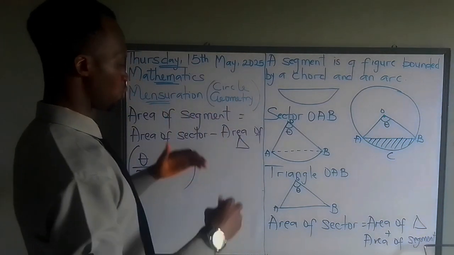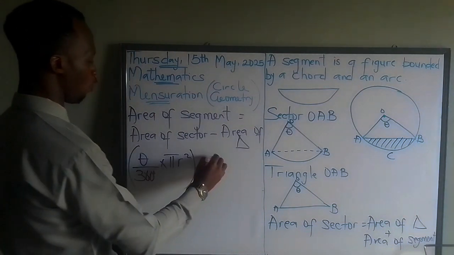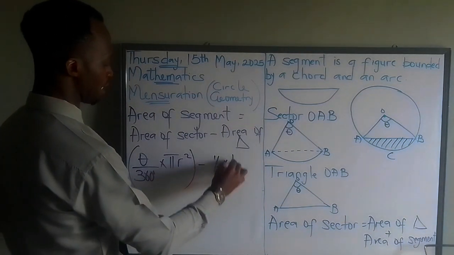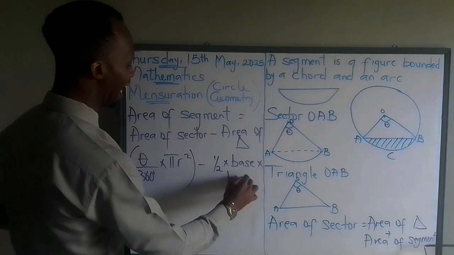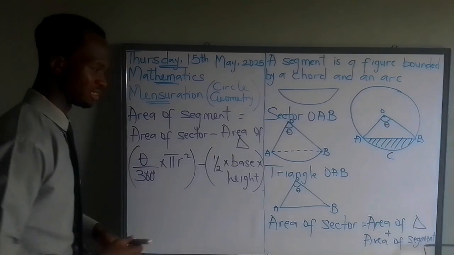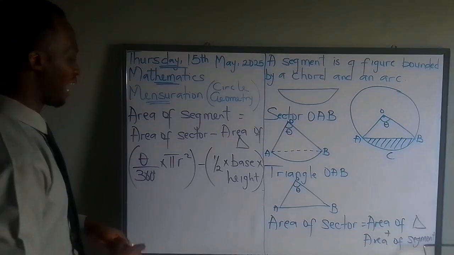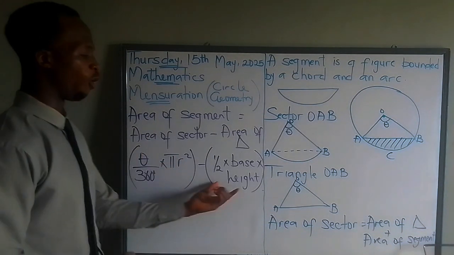I know you're familiar with half base times height. That's the formula for calculating the area of a triangle.